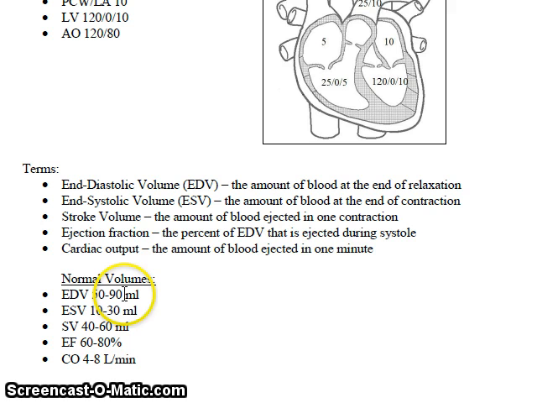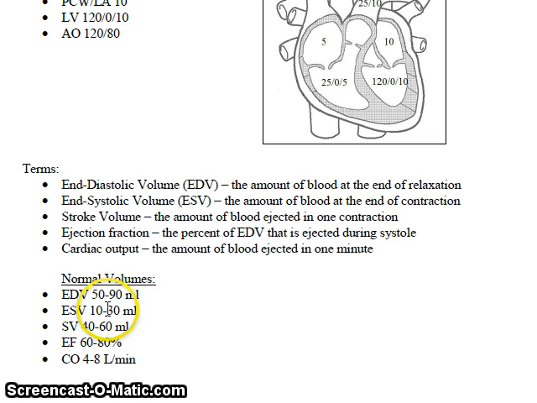Your normal end diastolic volume, at diastole, when the heart is at rest, your normal volume of the left ventricle is 50 to 90 milliliters of blood. When that left ventricle contracts during systole, the end systolic volume, there is 10 to 30 milliliters of blood left in that left ventricle.